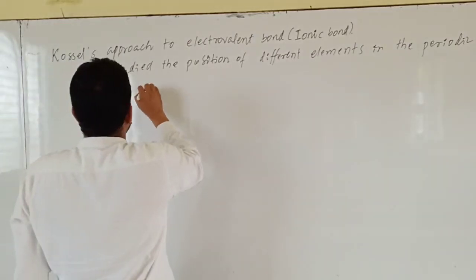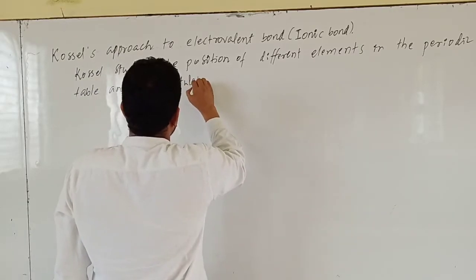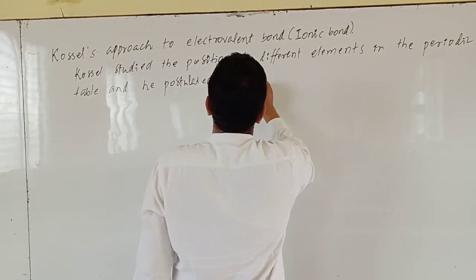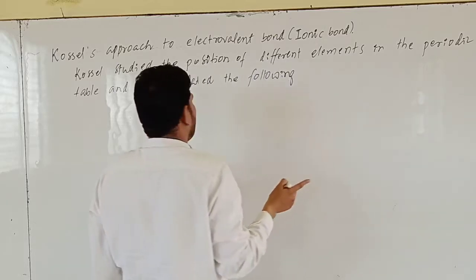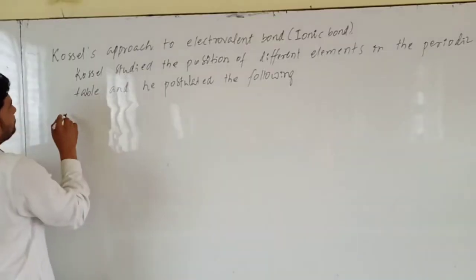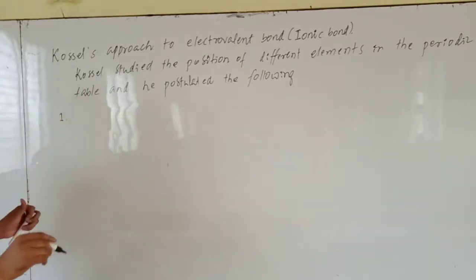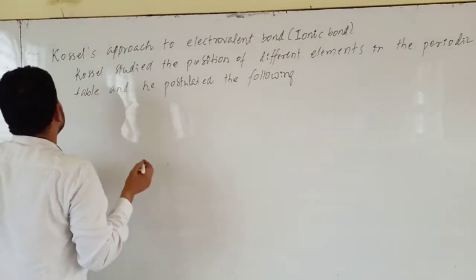And he postulated the following; he proposed the following things. The first postulate of this Kossel's approach to electrovalent bond, I can call it Kossel's theory.